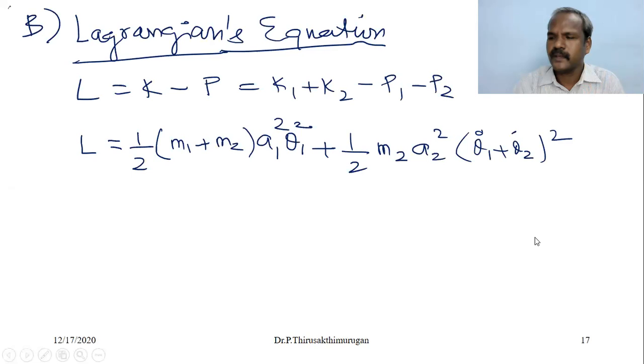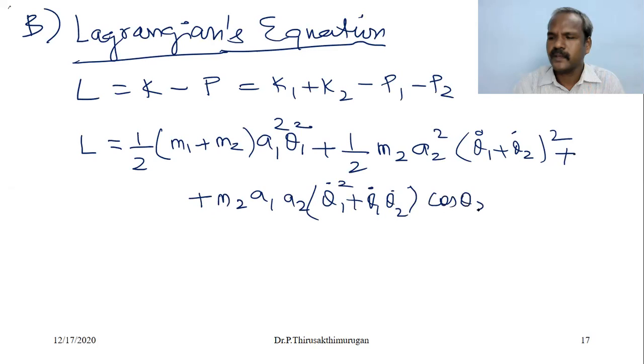Okay, so next is plus this, plus better you can write plus M2 A1 A2 theta 1 dot square plus theta 1 theta 2. Just substitute the previous relations here.